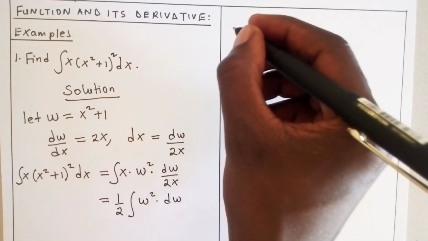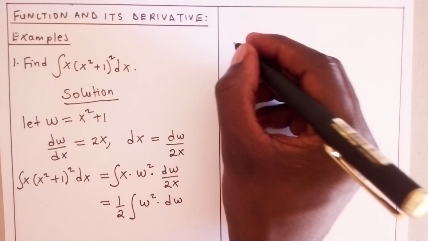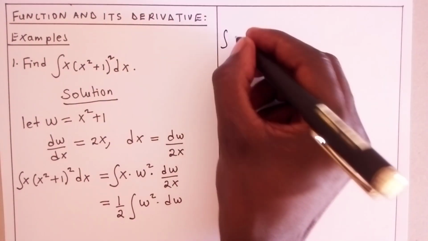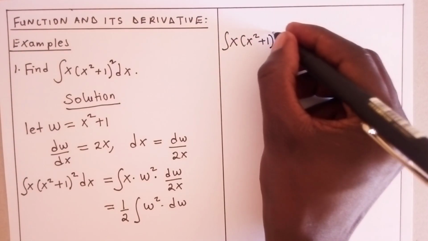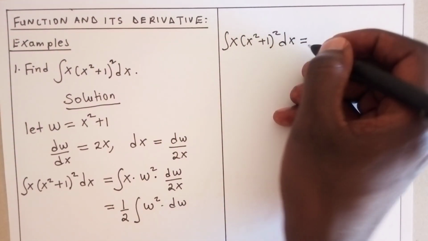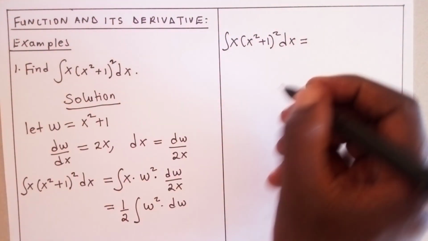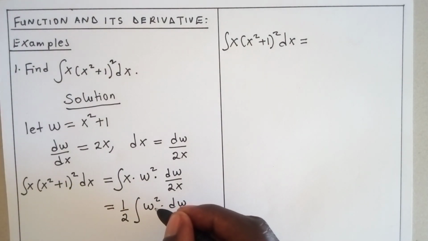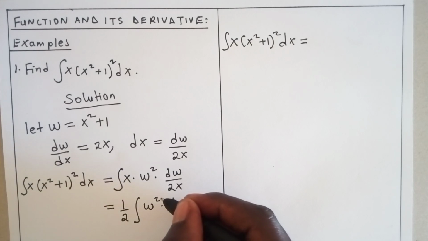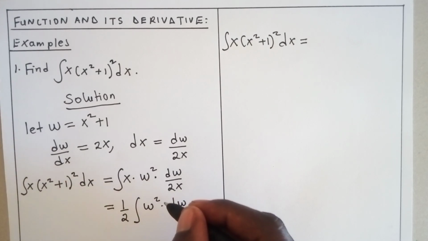So let us move to our next page. We shall have the integral of x times (x squared plus 1) squared dx. All this is going to be equal to, so we have realized that in our function we are remaining with w squared only, which can now be integrated using the normal formula of integration.